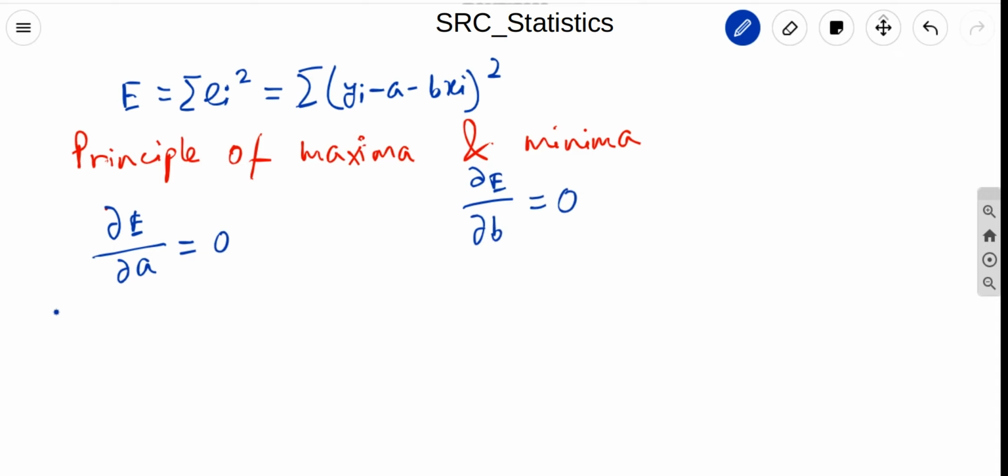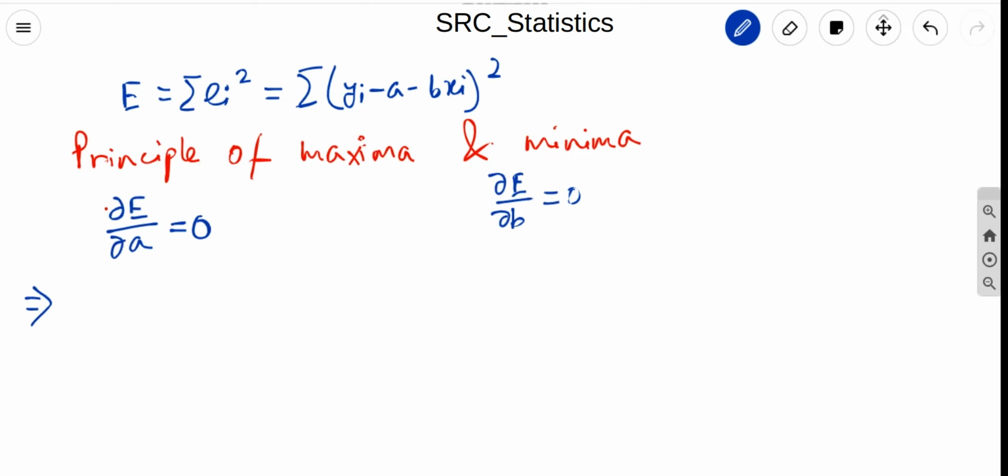Let's see what happens if we differentiate E with respect to a. This is a function of a. First, for the square term, it becomes 2 summation (yi minus a minus bxi), and then we differentiate the bracket with respect to a.